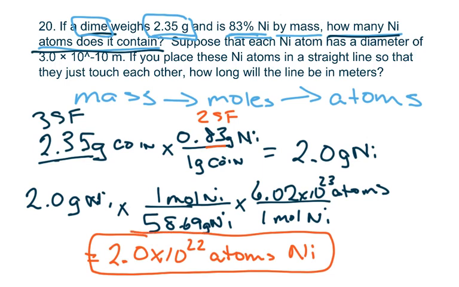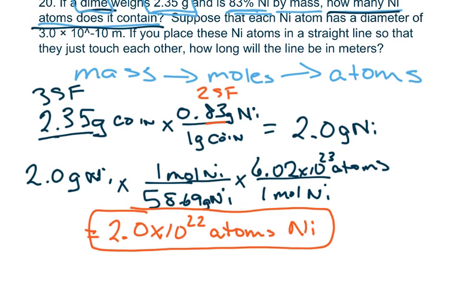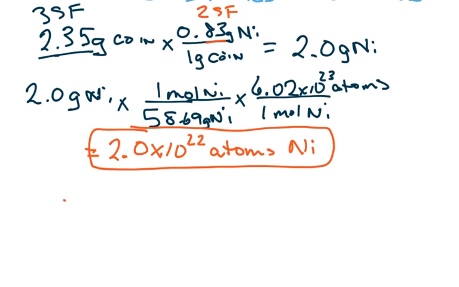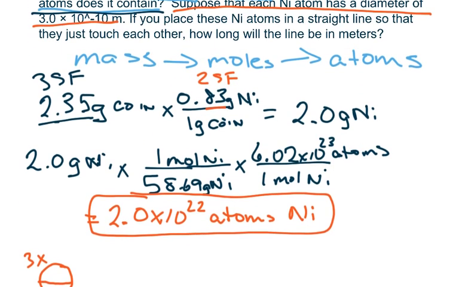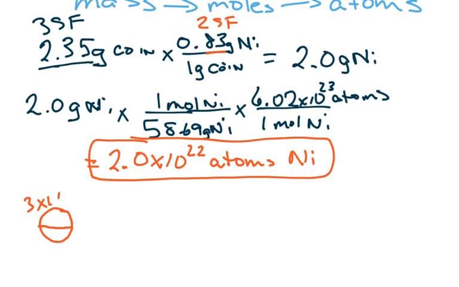Okay. So, that's where we are. That's part 1 of the problem. Now, suppose that each nickel atom has a diameter of this. Okay, so for every atom, it has a diameter of 3 times 10 to the minus 10 meters.